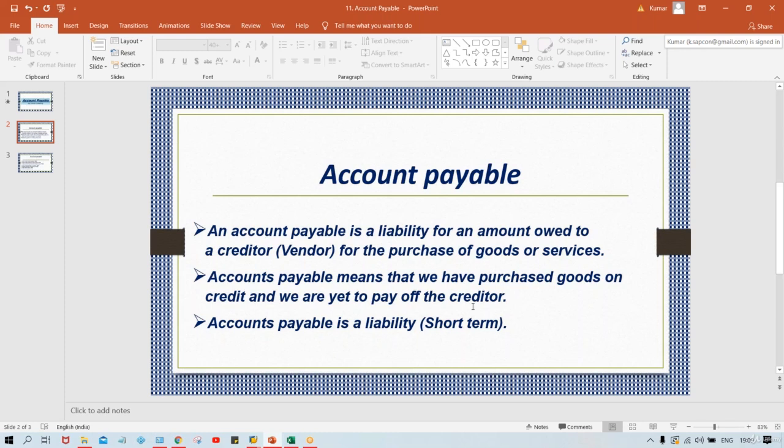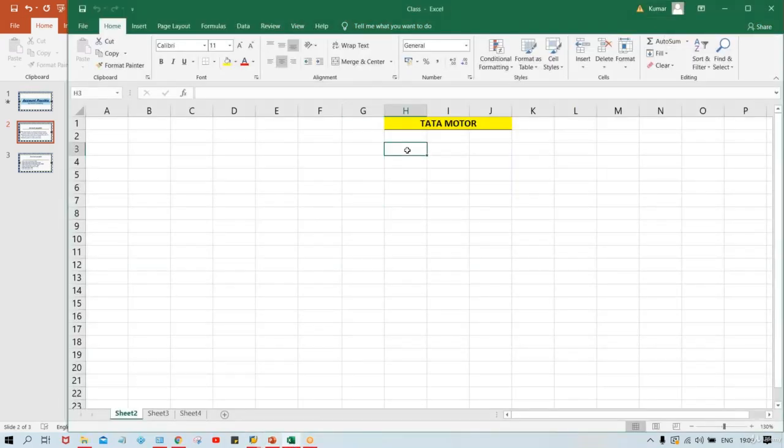So whatever payments are still due, let's suppose I have purchased goods worth 1,000 rupees from a particular vendor A. From vendor B, I have purchased goods worth 4,000.